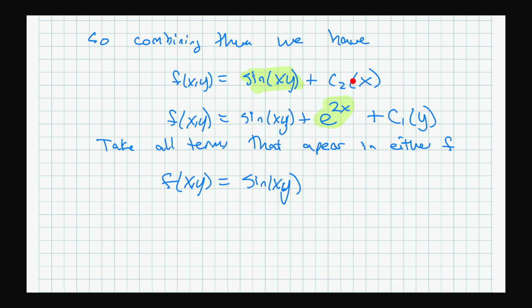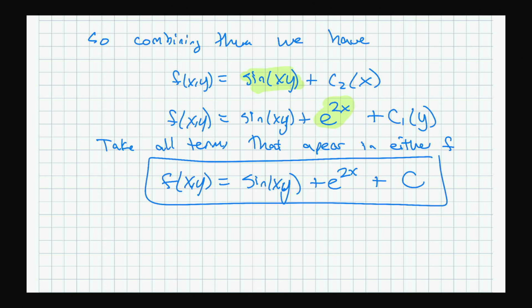It's not really a constant, it's a constant function of x. But it doesn't matter. What you need to know is that this appears in both, this appears only in one of them, but we still need it to be part of your final answer. So you just take them both, and then you only need a regular constant once you do that.